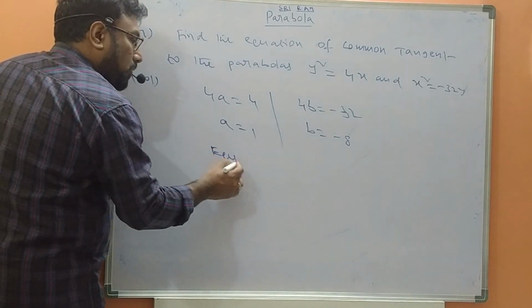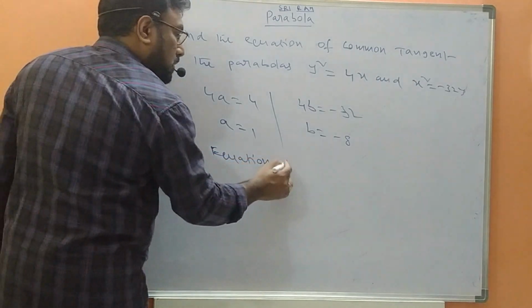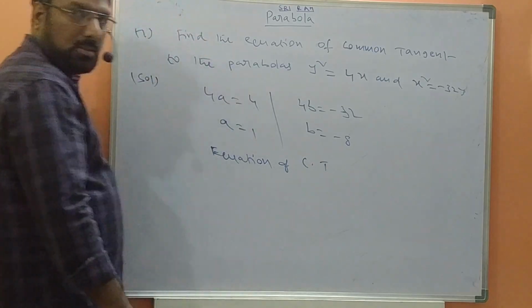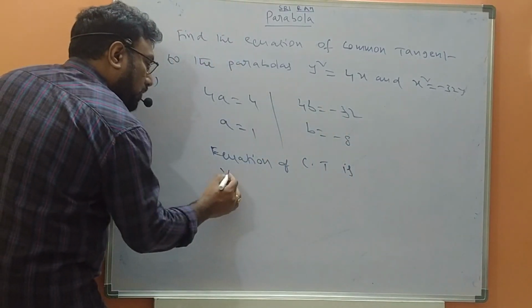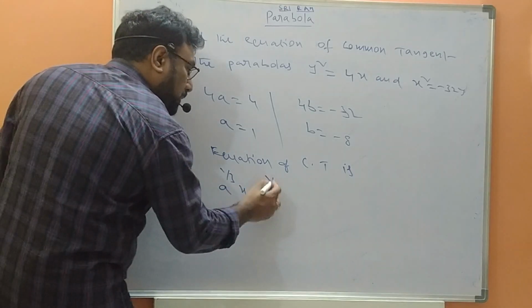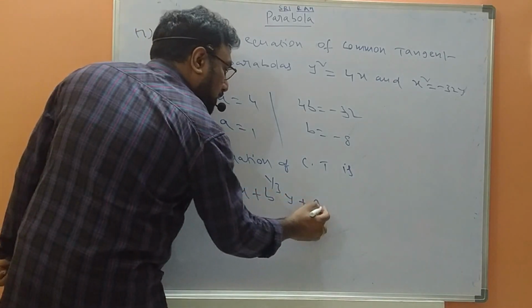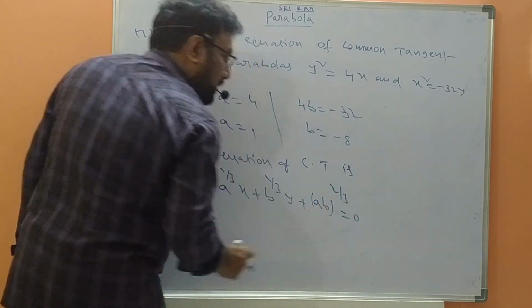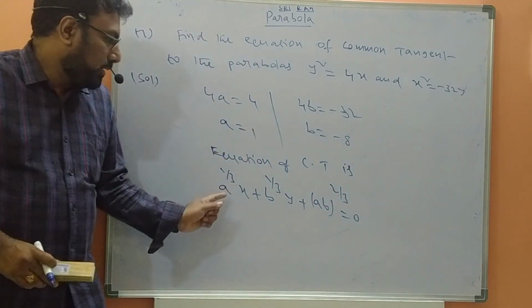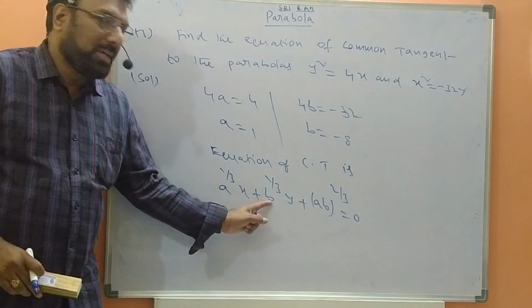So equation of a common tangent, let me write CT, common tangent, to the parabolas: a to the power of 1 by 3 x plus b to the power of 1 by 3 y plus ab whole to the power of 2 by 3 equal to 0. So substitute a value 1, b value minus 8 here.